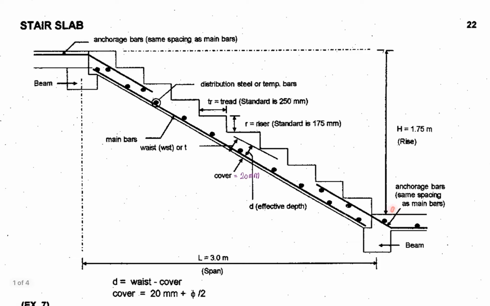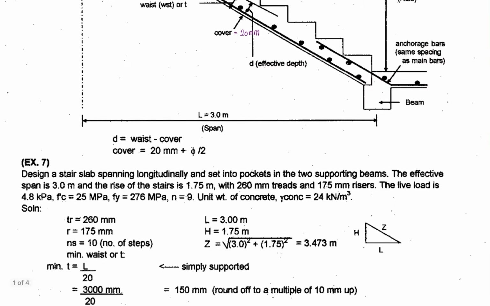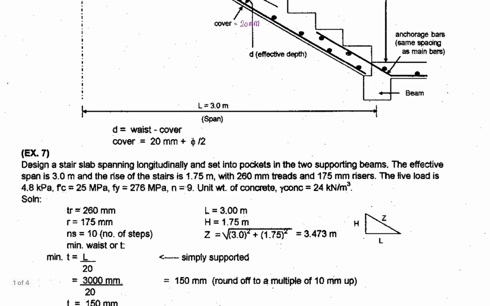So this is your illustration for this problem. And then the width or the tread or the step is 260 millimeters, and then the riser is 175 millimeters. The live load is 4.8 kilopascal, FC prime is 25, Fy is 276.